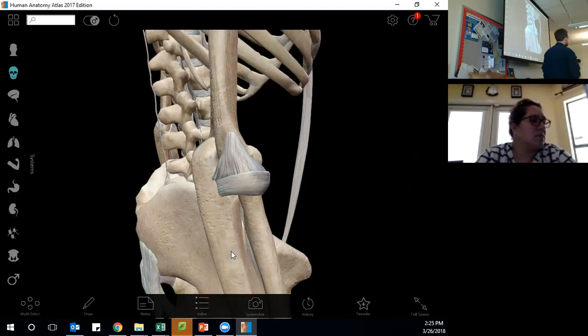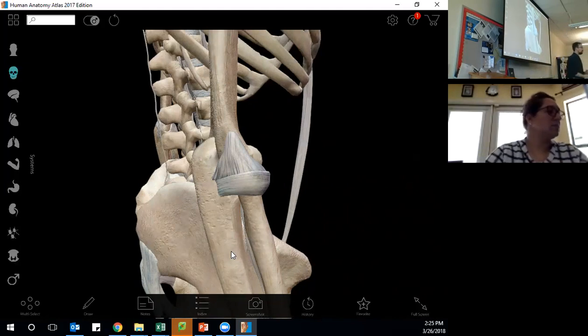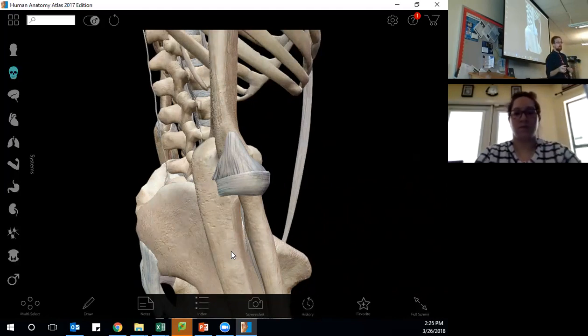But which joint is the principal joint that is our hinge joint for the elbow? Humero-ulnar. So we actually have a reinforcement laterally for the humero-ulnar joint.